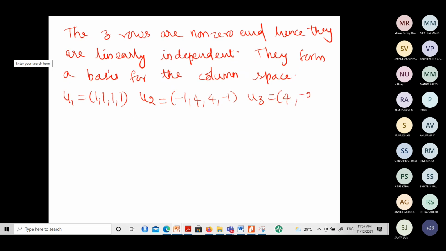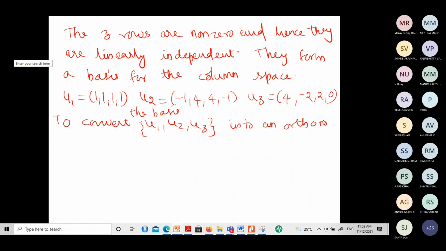To convert U1, U2, U3 into an orthonormal basis V1, V2, V3.